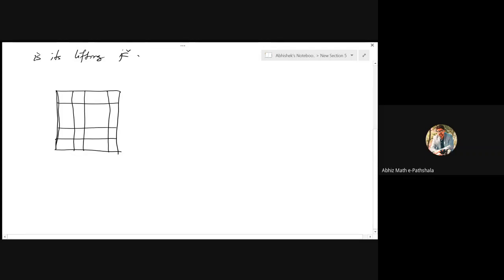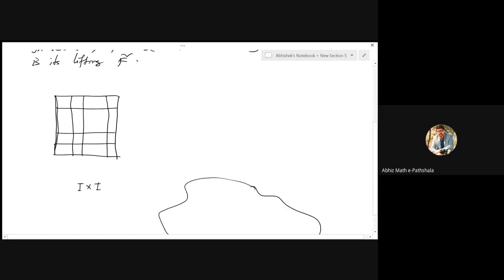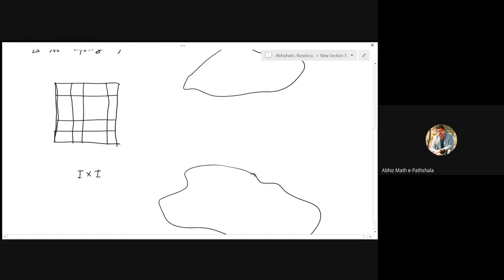So this is your unit square. Suppose this is your U. What is U that I should mention? And this is the slice where you have chosen the E naught, that is, P of E naught is B naught, where E naught is in P inverse B naught.